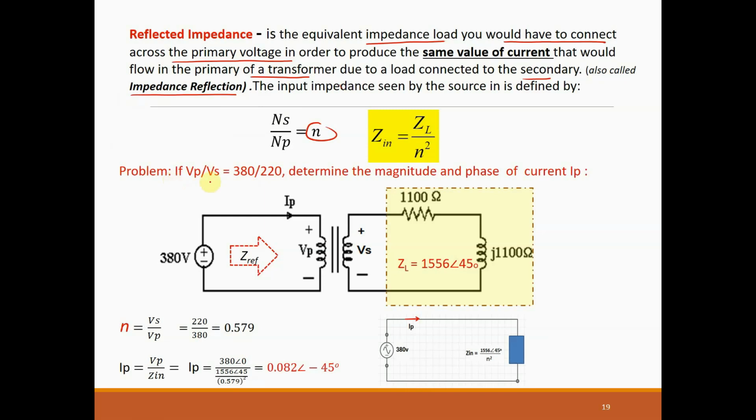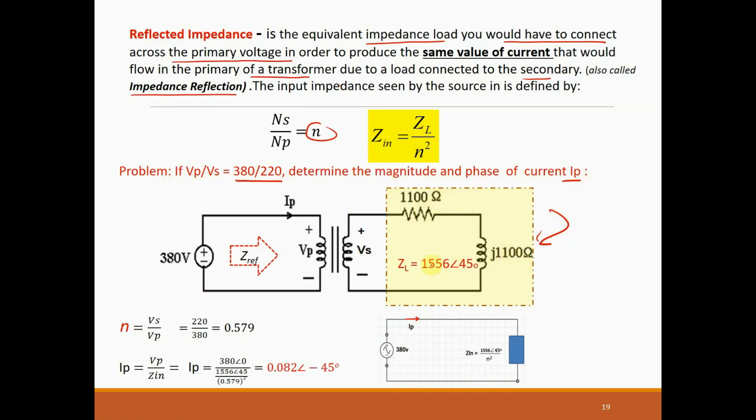Let's analyze this problem. If the transformer rating BP over BS is equal to 380 over 220, determine the magnitude and phase of the current IP from this given circuit. So we have this impedance 1100 ohm plus j1100. They are in series.